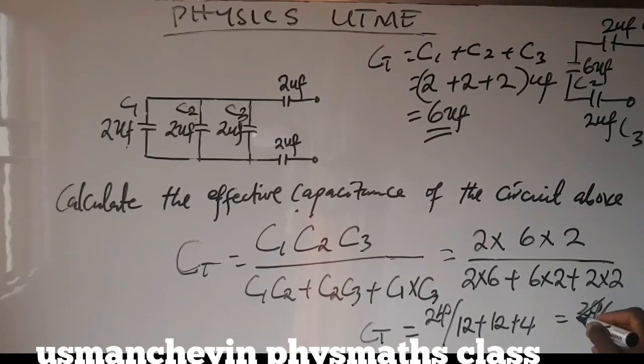So 4 goes into 24, we're going to have 6 times, then 4 goes into 28, we're going to have 7 times. So our answer is 6 over 7 microfarad, and that is it. That is our final answer. Our final answer is 6 over 7 microfarad.